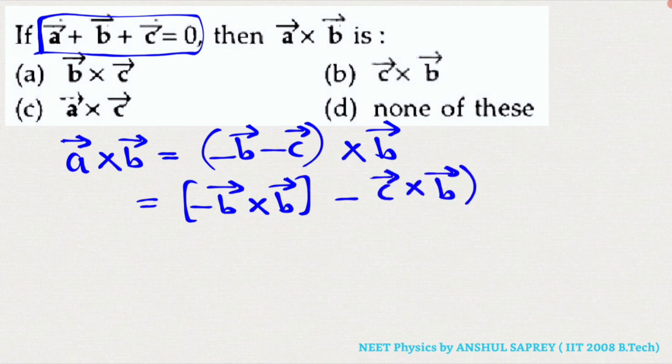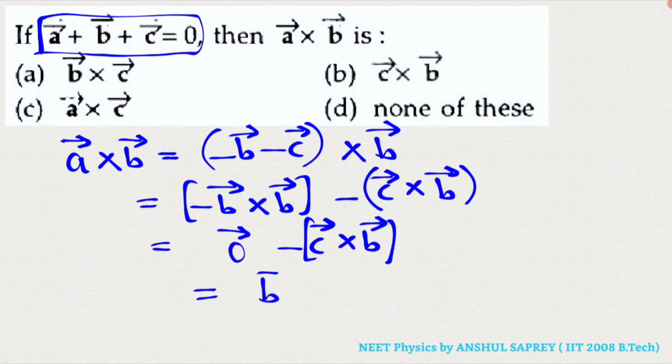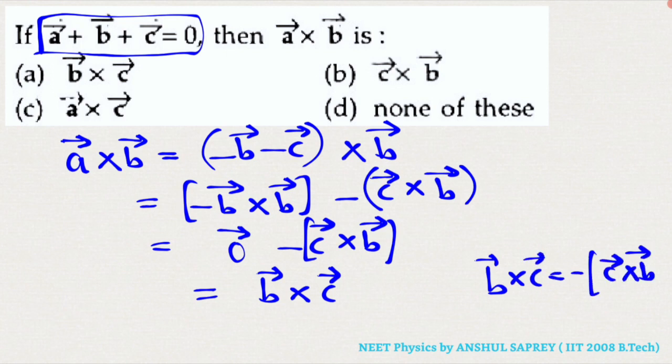Now B cross B is 0 because the angle is 0 degrees, or minus B cross B is also 0 because the angle will be 180 degrees. So the answer is minus of C cross B, which can be written as B cross C, because B cross C is minus of C cross B. So our answer is option A.